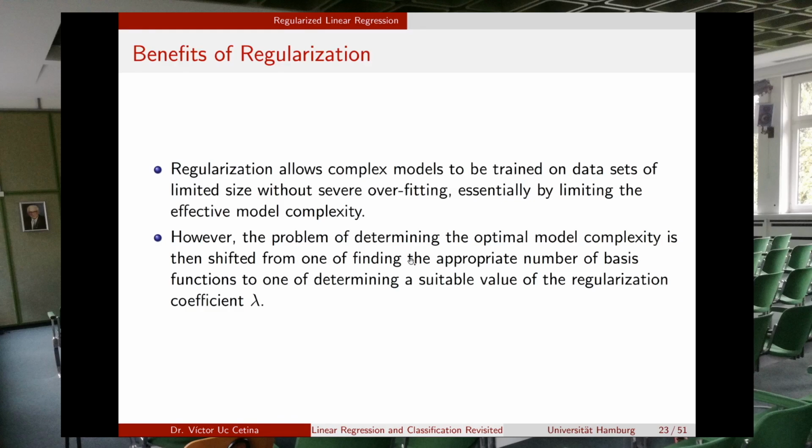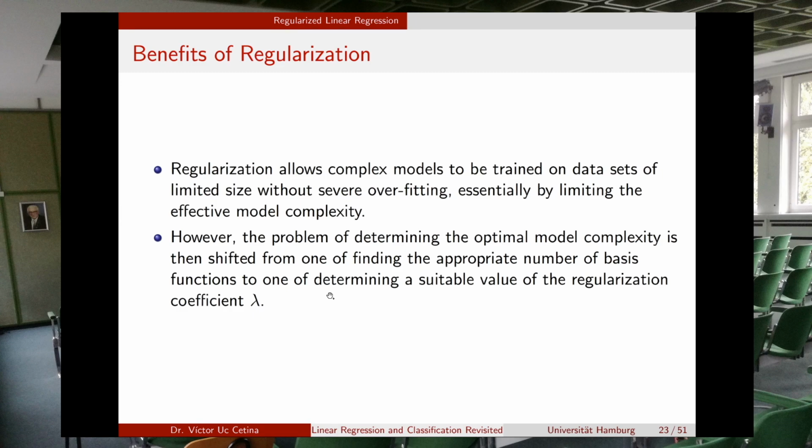However, the problem of finding the optimal model complexity is then shifted from one of finding the appropriate number of basis functions to one of determining a suitable value of the regularization coefficient.